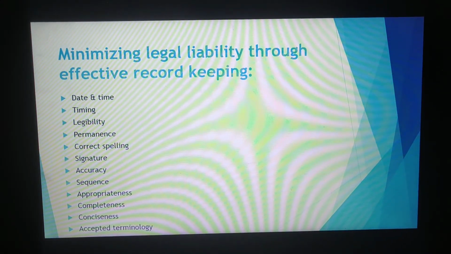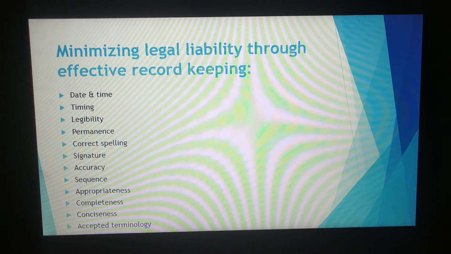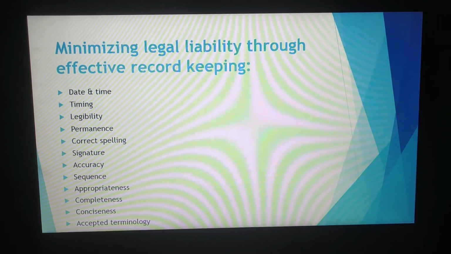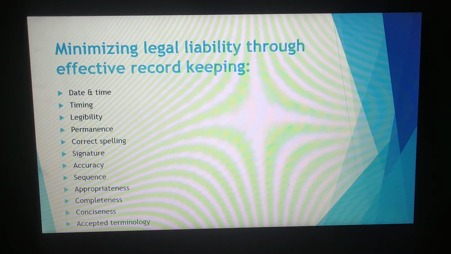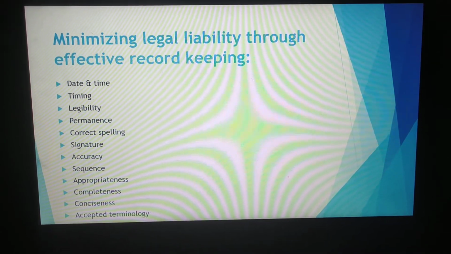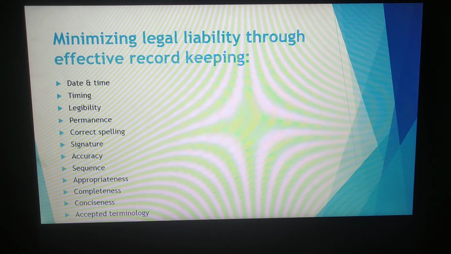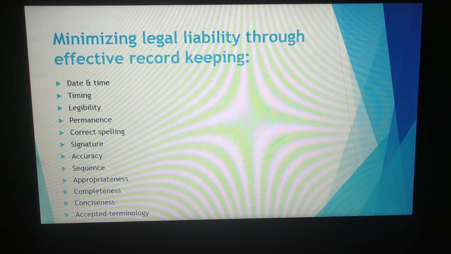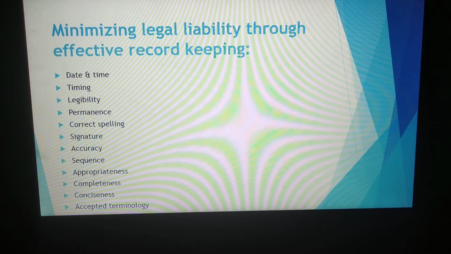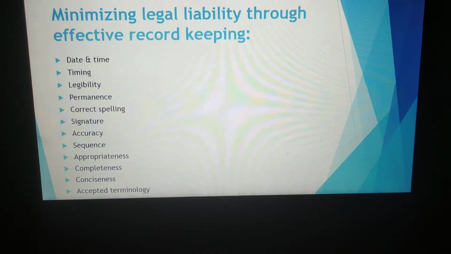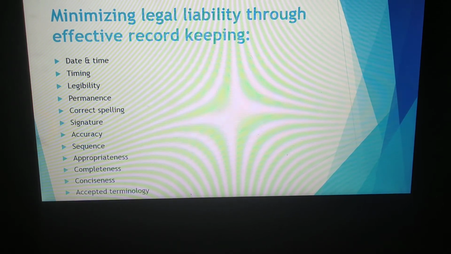So here are some ways of minimizing legal liability through effective record keeping, which should be maintained very clearly. We should mention date and time, follow legibility, and performance should be clear, and we need to write correct spelling. And we need to put a signature whenever we correct mistakes, and whenever it is needed, we need to put a signature after providing the medications to the patients and after providing the therapeutic procedure to the clients, depending upon the condition of the client.